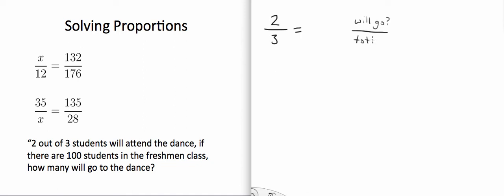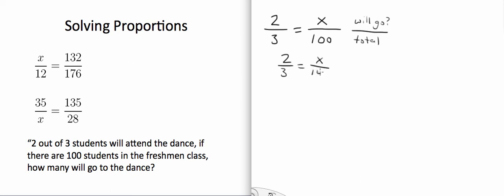That's going to help us set this problem up, because in this final sentence we have to set up our second proportion. We're looking for how many will go, so that's where I put my variable. And we know that there are a total of 100, so we have 100 students down here. Now we have a proportion like we had in the past two examples. So we've got 2/3 equals x over 100.